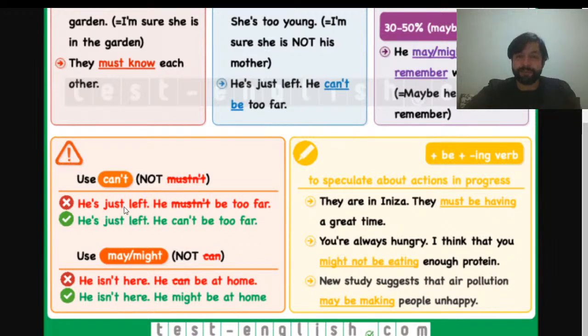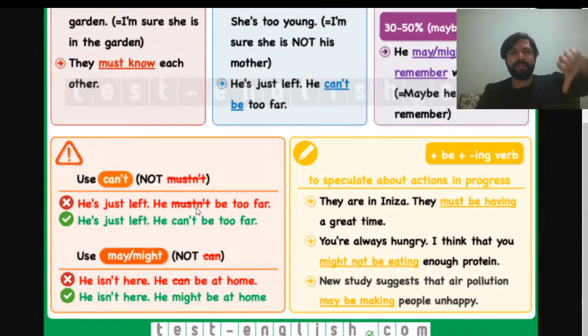He's just left, so he can't be too far. He left like 2 minutes ago, so he can't be too far. It's not possible that he's too far. If you use mustn't here, it's more like an order, so that's why it doesn't work as the opposite. So he must be very far, deduction.